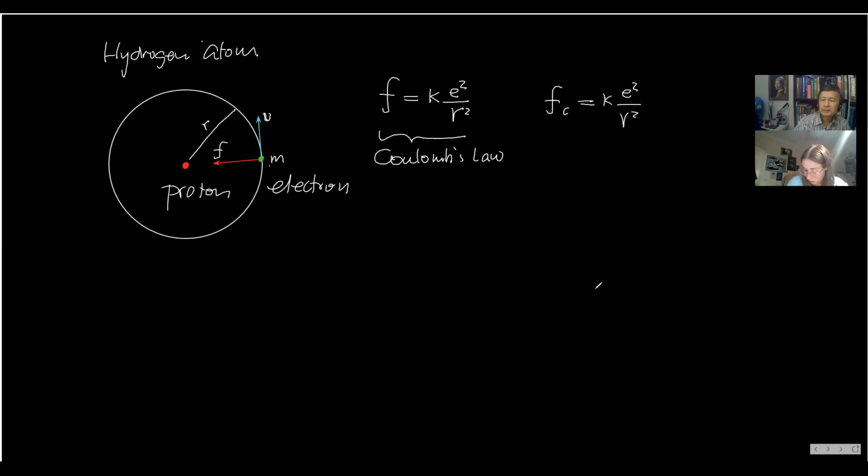Now, can we work out, can we find the formula for the velocity of the electron in a hydrogen atom?